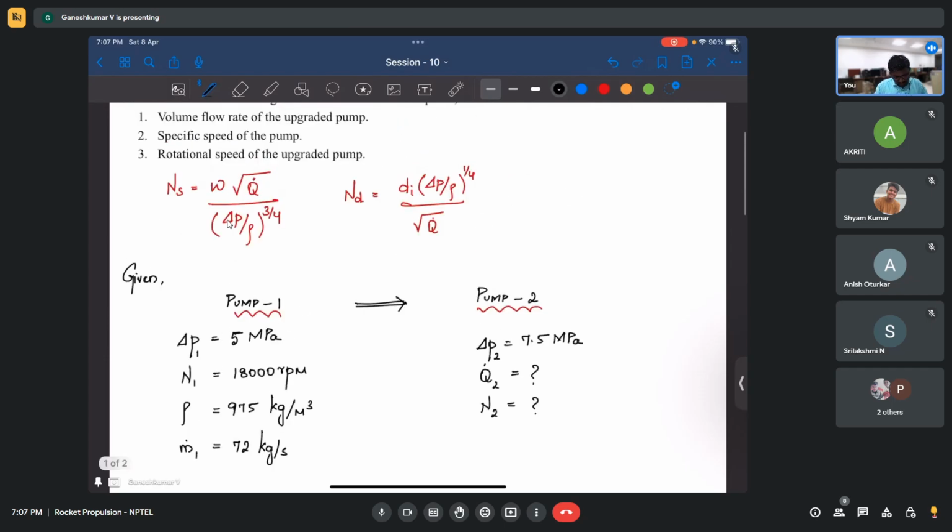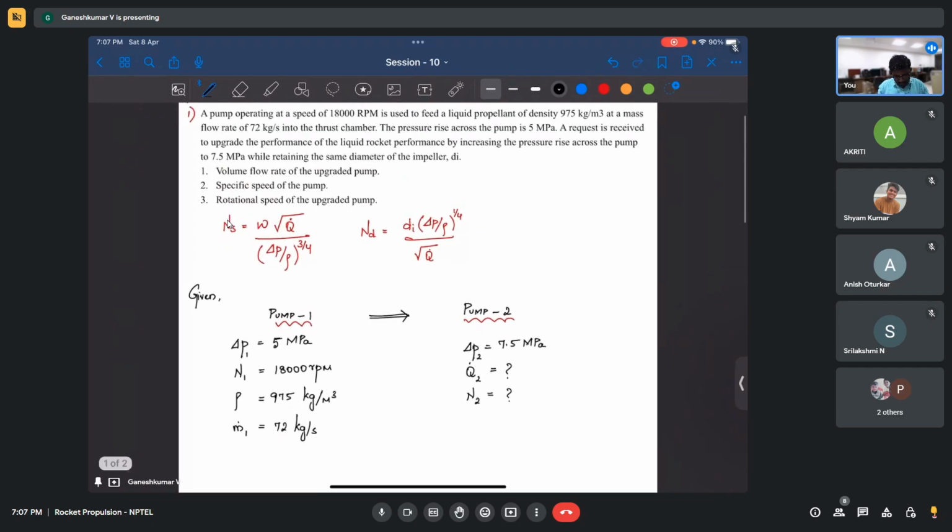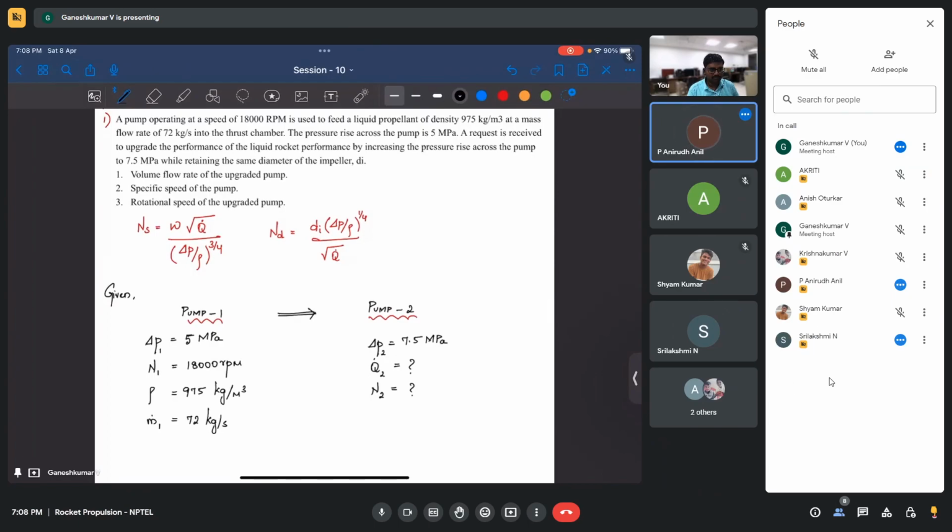Okay, and given this question, how do you solve this problem? So let's say first I want to find out the volume flow rate of this upgraded pump. How do you find out? Does anyone have any idea? So first we find the specific speed. Yes, Anirudh, go ahead.